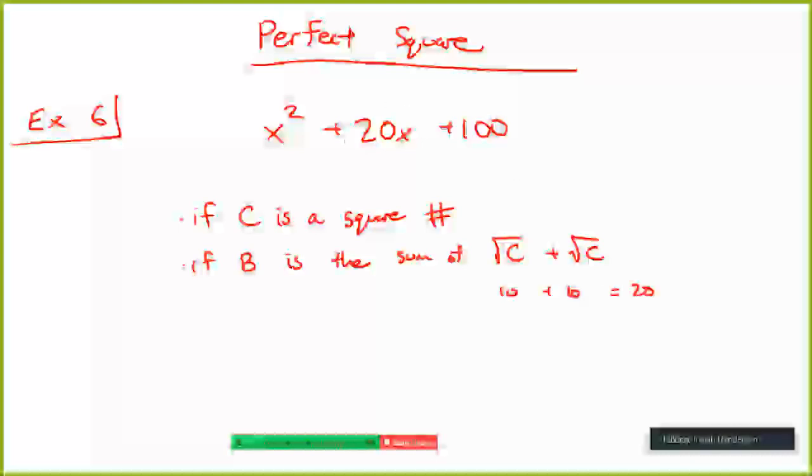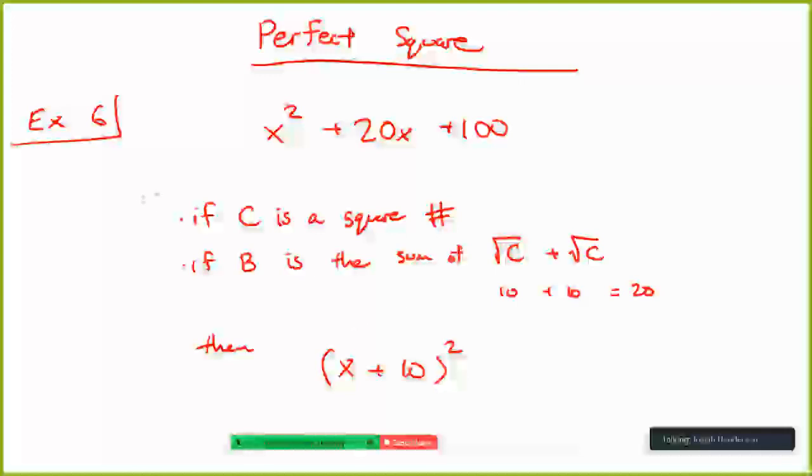So I mean the coefficient. Don't worry about the x right now, just the coefficient 20. And this checks out. Then our shortcut is x plus 10 squared. That means the whole parentheses is being squared. So it's x plus 10 times x plus 10.